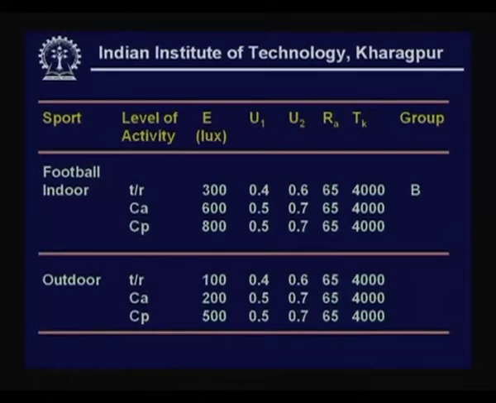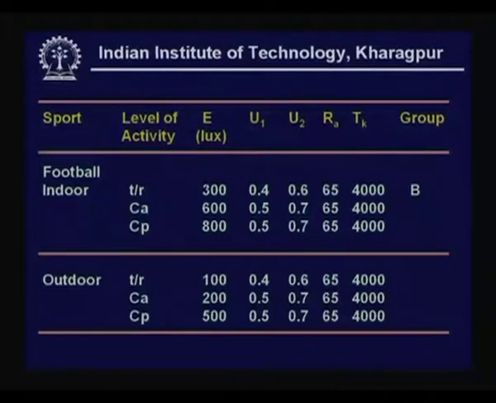Once again, considering both indoor and outdoor, as can be seen, indoor is varying from 300 to 800 lux, and obviously this is a group B game, unlike cricket, which was a group C, a faster game with a smaller object size, whereas the object size in case of football is bigger.